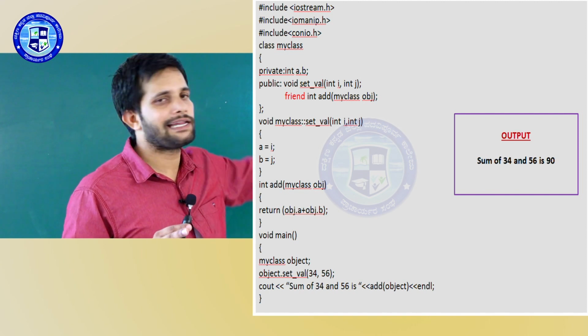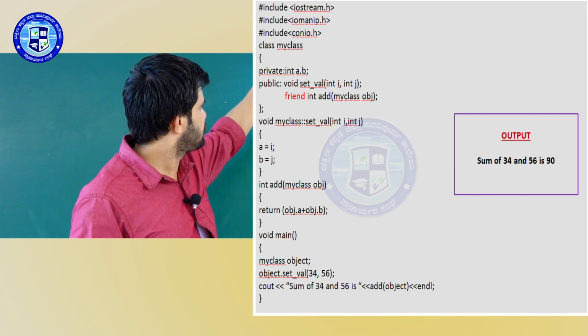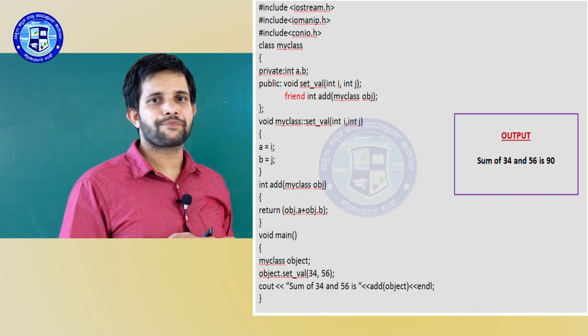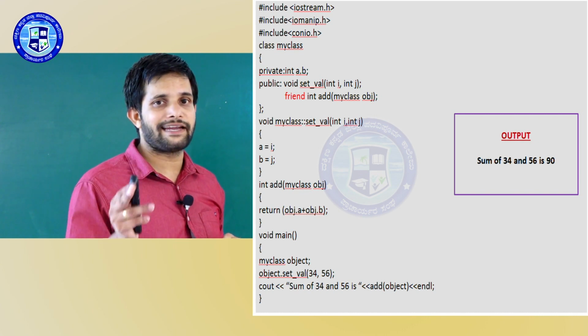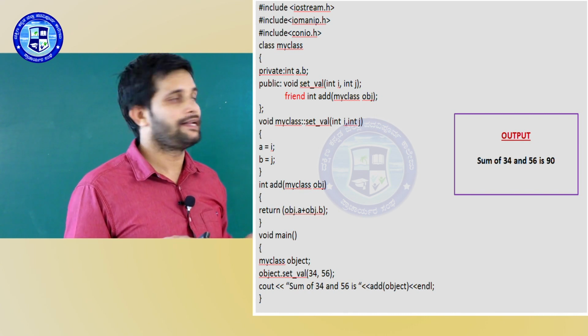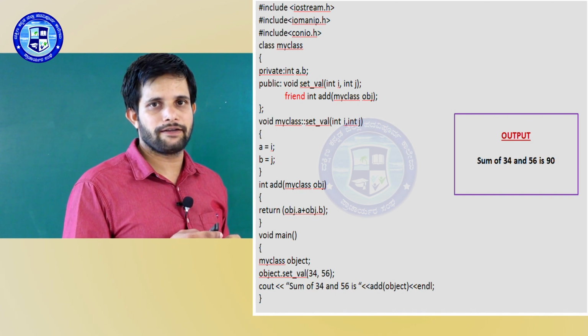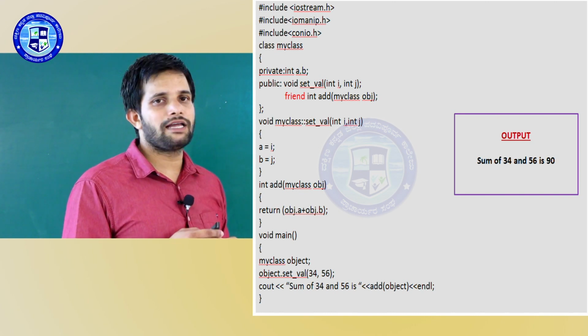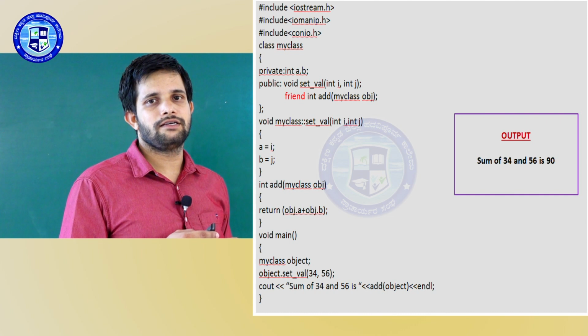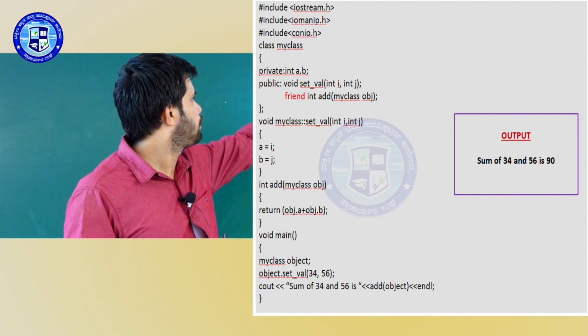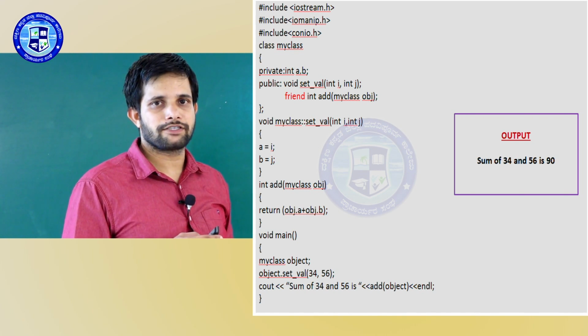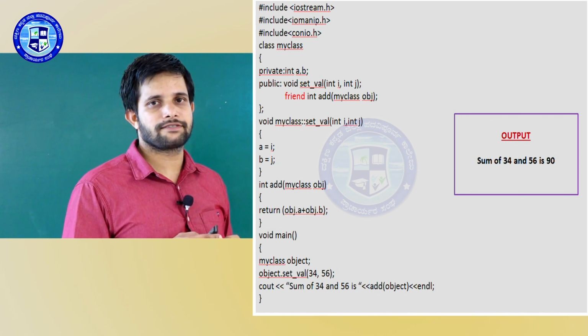I am supposed to declare one object, because in the body of the friend function I need to access a and b. As I said, these are not accessed directly. You are supposed to use an object. That is why I need an object as an argument. So in the formal argument I have declared one object belonging to the class myclass. The name of the object is obj. This is nothing but the declaration of the friend function. So the friend function will be declared like this.